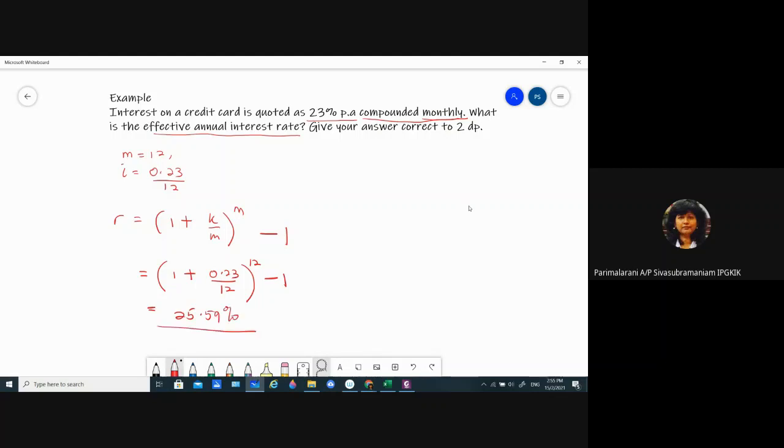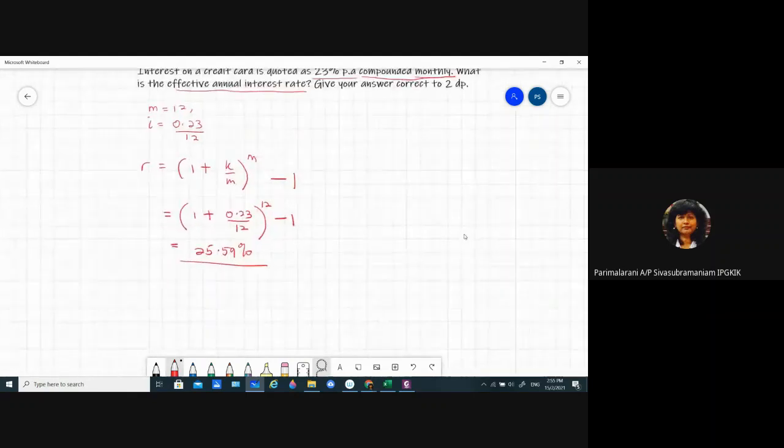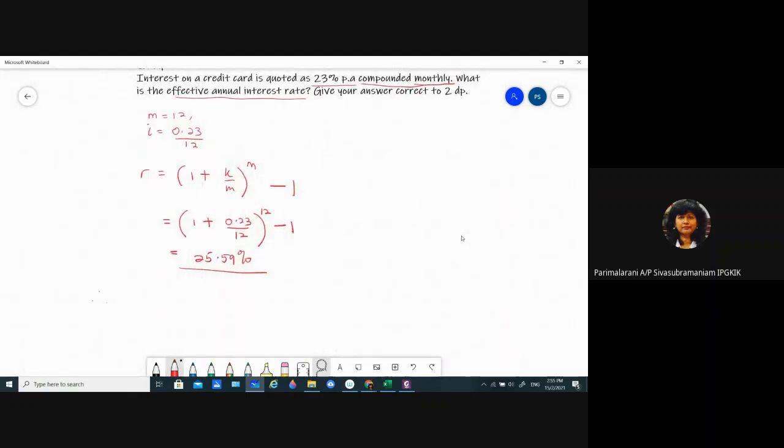So the effective interest rate per annum, or effective rate, is 25.59% per annum.